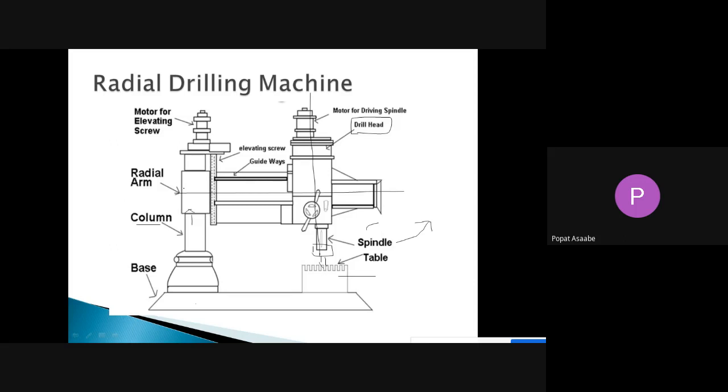That radial arm is attached on the vertical column, and we can move it up and down with the help of the elevating screw. We can also rotate this radial arm 360 degrees around this vertical column. To rotate this elevating screw, one motor is mounted here.